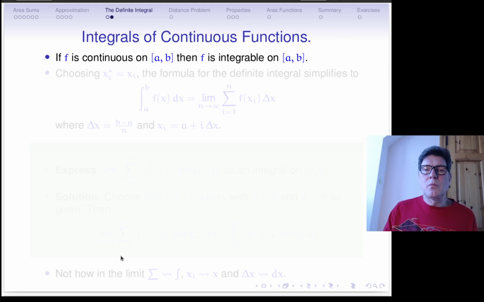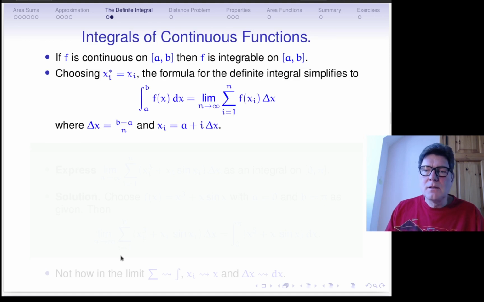Now one can show that if f is continuous on the interval from a to b, then the integral exists, then f is in fact integrable from a to b. And in this context of continuous functions, we can always choose as our sample points the right end points xi of the smaller intervals, where xi is the right end point of the ith subinterval.